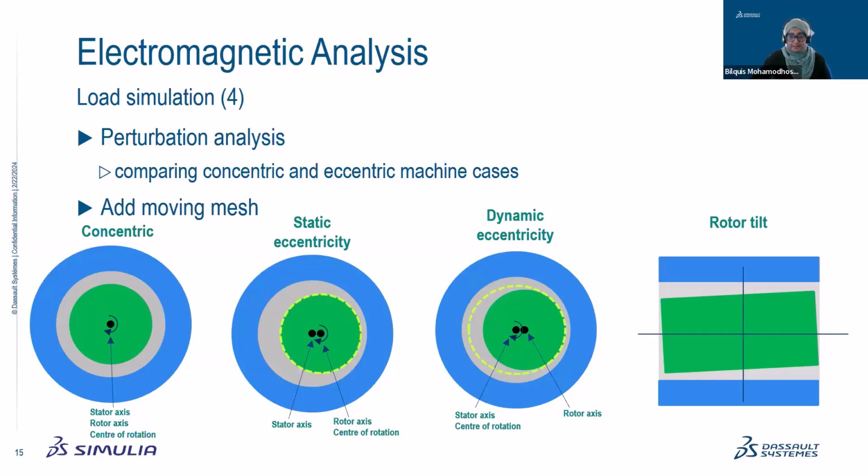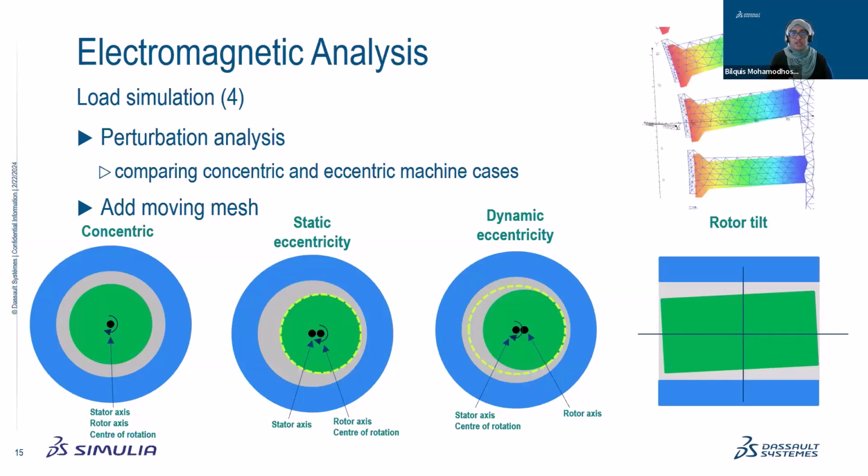Those eccentricities also need to be modeled through moving meshes. What we have in Opera is moving the nodes of the mesh, so that we can do a sensitivity analysis and look at the effect of those displacements or deformations on the electromagnetic parameters.